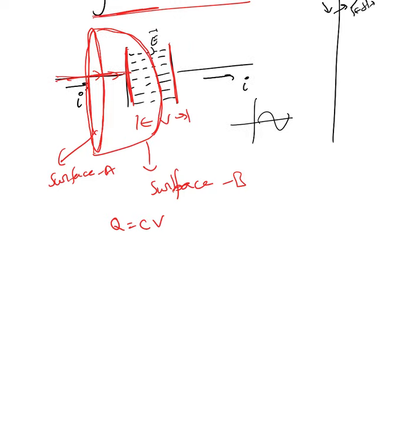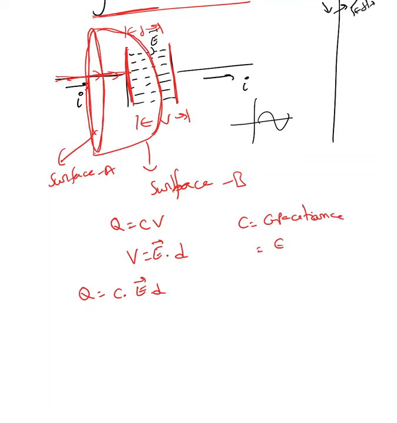We also know V equals E times D, where E is the electric field and D is the distance between the plates. So can I say Q equals C times E times D, where C is the capacitance.